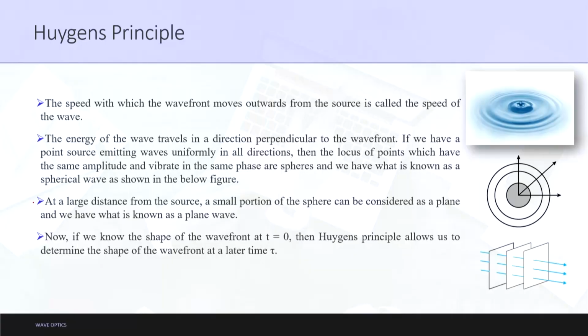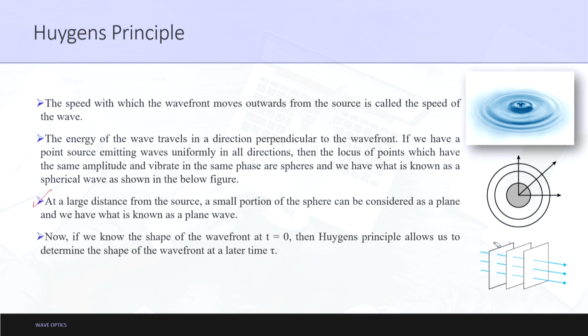So, at a large distance from the source, a small portion of the sphere can be considered as a plane, and we have what is known as a plane wave. This is a typical example of a plane wave. These can be considered as wave fronts at different times.